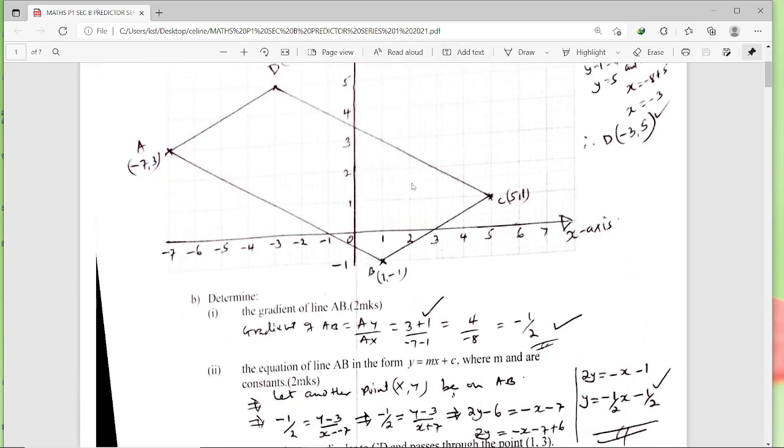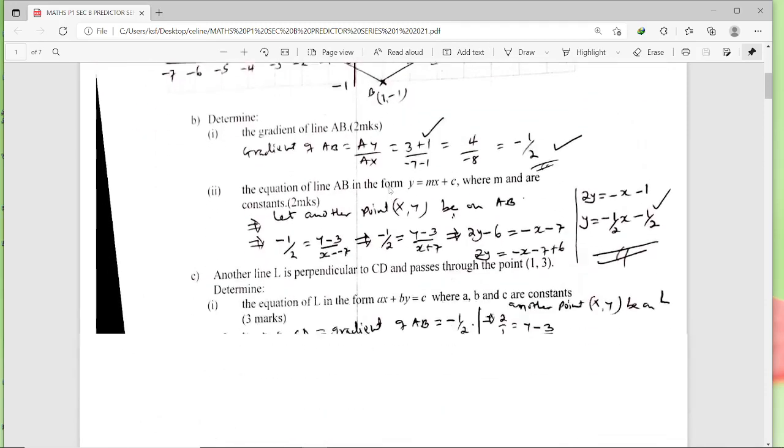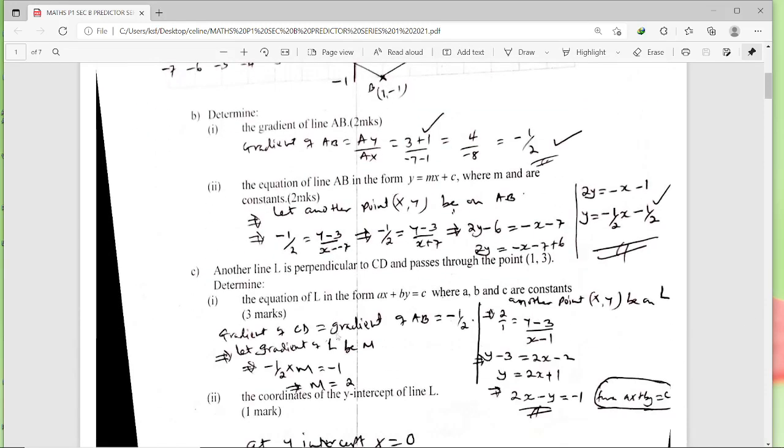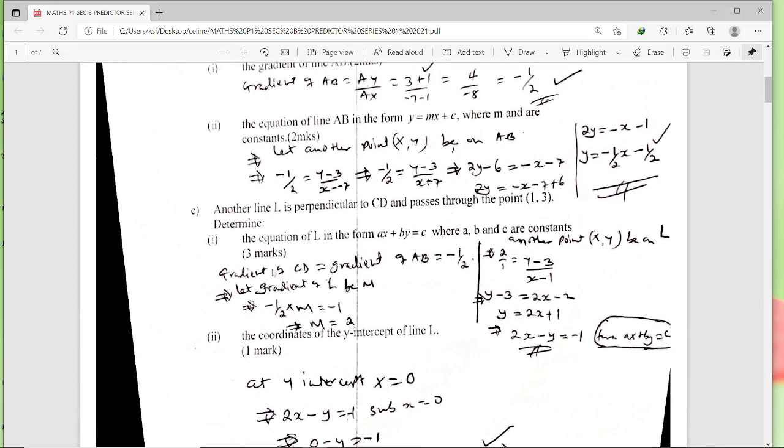For perpendicular lines, we know that m1 times m2 equals negative 1. The gradient of CD equals the gradient of AB, which is negative half. So we let the gradient of L be m, and negative half times m gives you negative 1. So m equals 2, because negative and negative cancel, so we remain with 2.